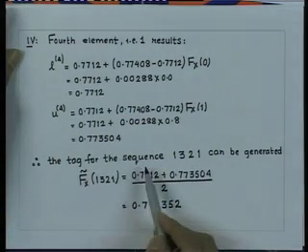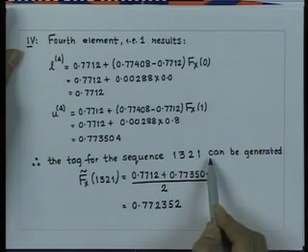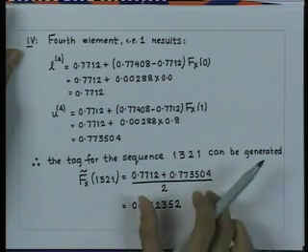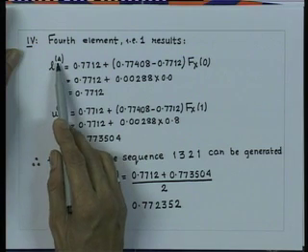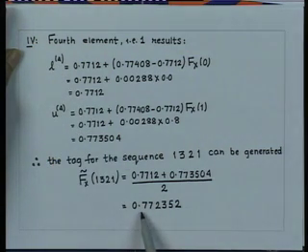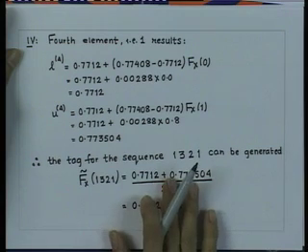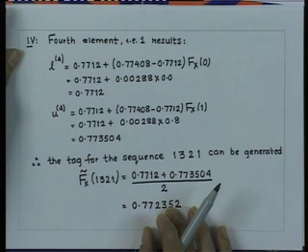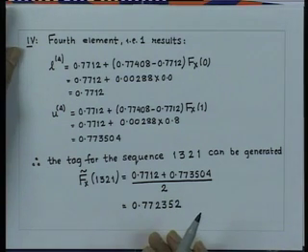So, the tag for the final sequence 1, 3, 2, 1 can be generated as the midpoint of L4 and U4, that is 0.772352. Now, from this we observe that each succeeding interval is contained in the preceding interval.